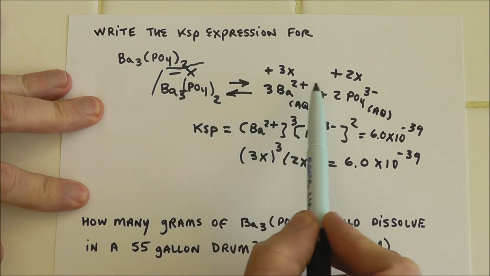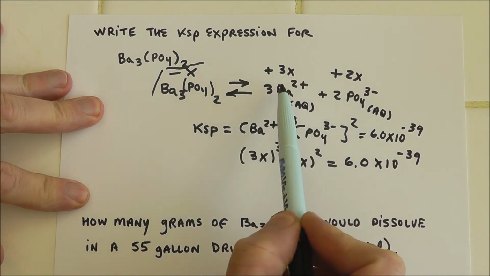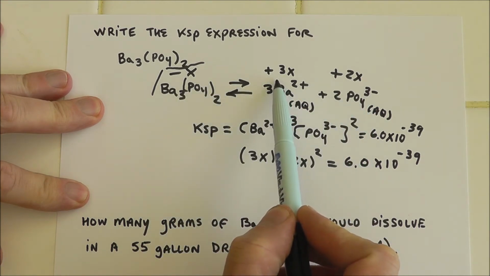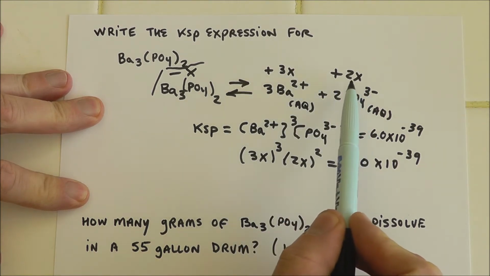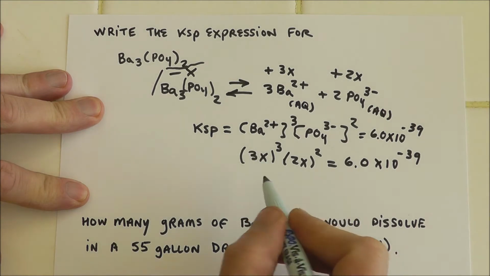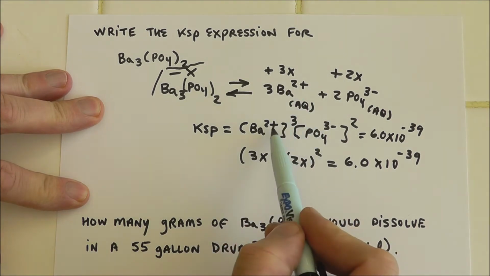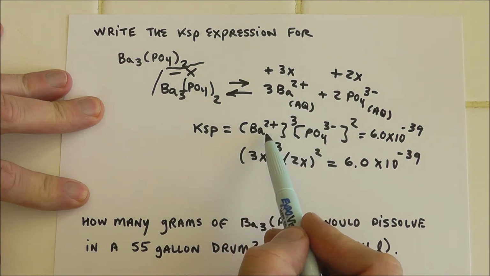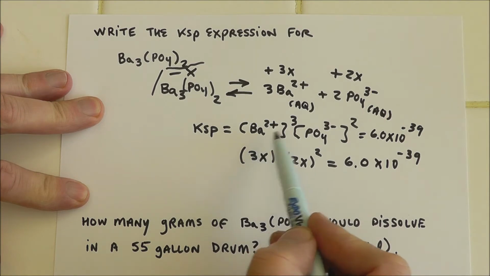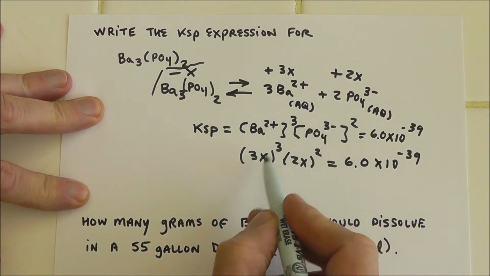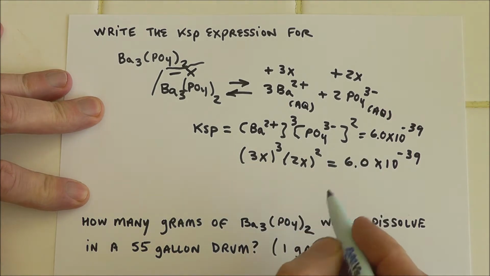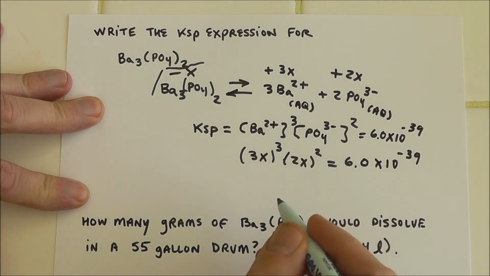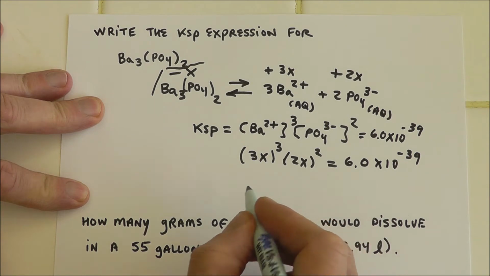As you write the reaction of it dissolving in water, barium we can represent as 3 plus, 3x the concentration of that, phosphate plus 2x, and we plug the 3x into the KSP expression and the 2x. We get 3x cubed times 2x squared equals 6.0 times 10 to the minus 39, the value from the chart.